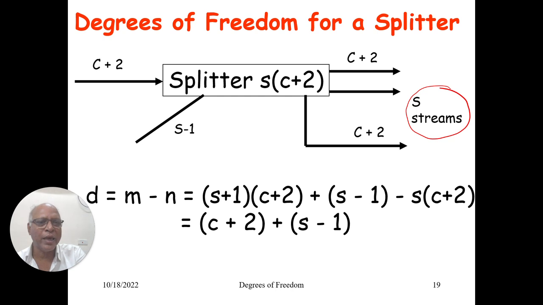Because there are S number of output streams, the number of degrees of freedom associated with all these output streams is given by S into C plus 2. Now, what is the total number of variables? S plus 1, because there is another C plus 2 here. S plus 1 into C plus 2.